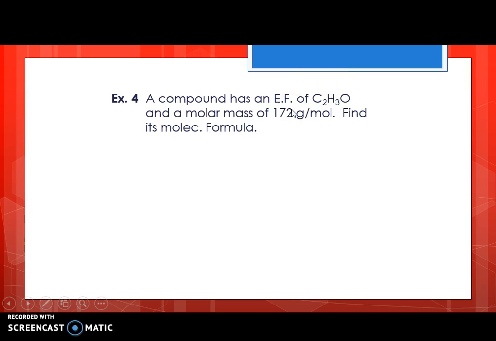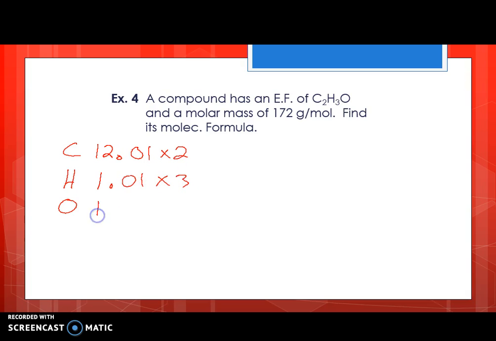What we need to do is find the molar mass of our empirical formula. We have carbon, hydrogen, and oxygen. Carbon has a molar mass of 12.01, and we have 2 carbons. Hydrogen has a mass of 1.01, and we have 3 of them.